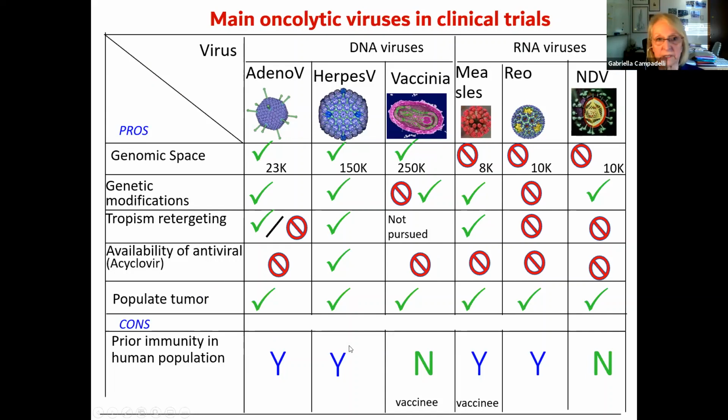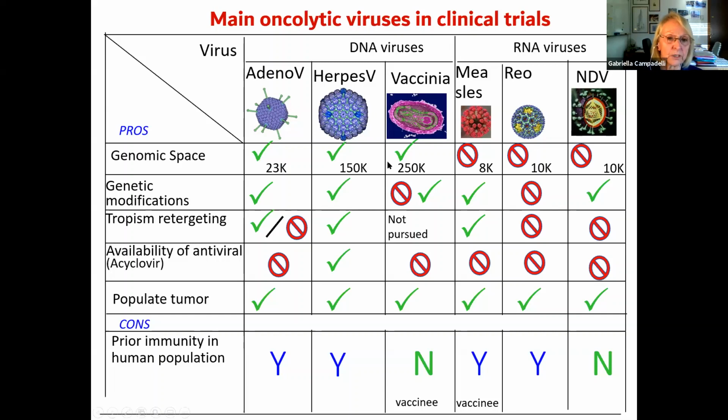Let me start from herpes simplex virus, which is my pet virus. Herpes virus is a rather big virus. The genome is 150 kilobase pair. So this is an advantage because there is space for insertion when we use it as an oncolytic virus for extra transgenes, for cellular genes, which can modulate the activity of the oncolytic virus.